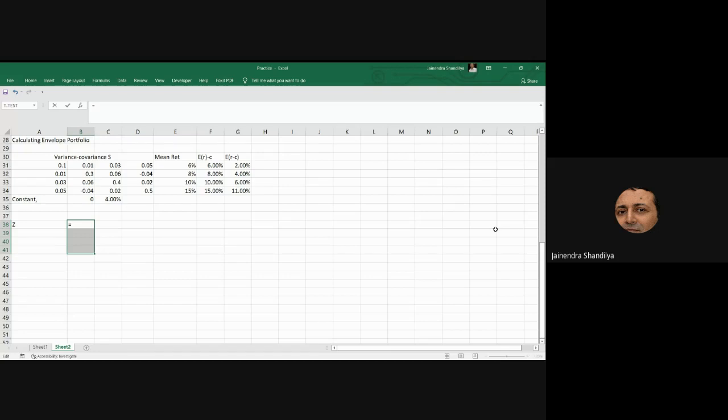If you remember the formula, Z is nothing but the inverse of the variance covariance matrix times ER minus C. So I write matrix inverse, because I want the inverse of this variance covariance matrix.